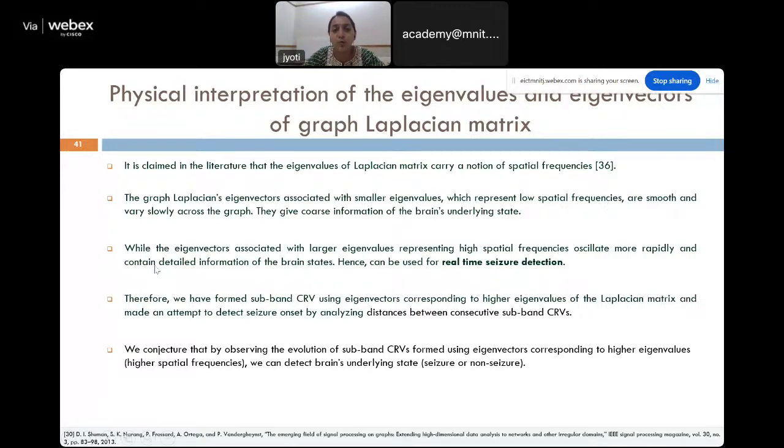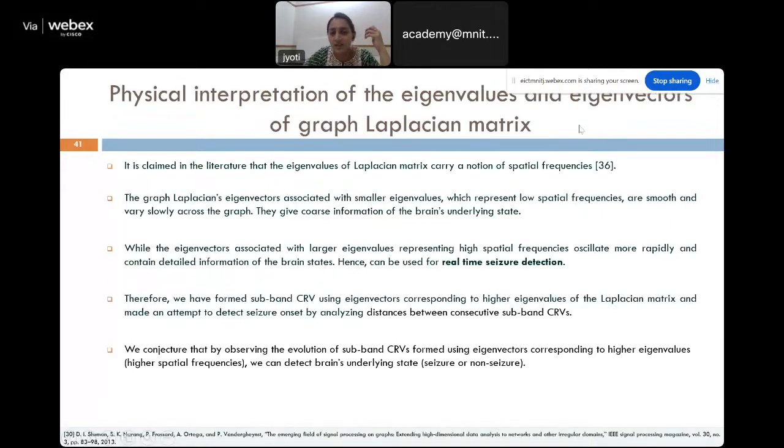The smaller eigenvalues which represent low spatial frequency are smooth and vary slowly across the graph. So that gives coarse information of the brain state, the overall picture, not too much detailed information. And eigenvectors corresponding to larger eigenvalues represent high spatial frequency, and they give more detailed information.